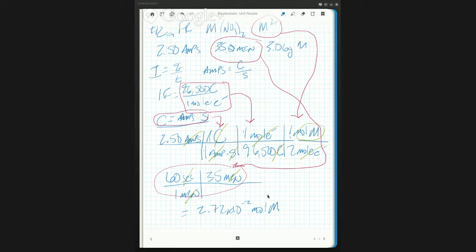Okay. Now to get the molar mass, remember that gave us 3.06 grams, and molar mass is grams per mole.